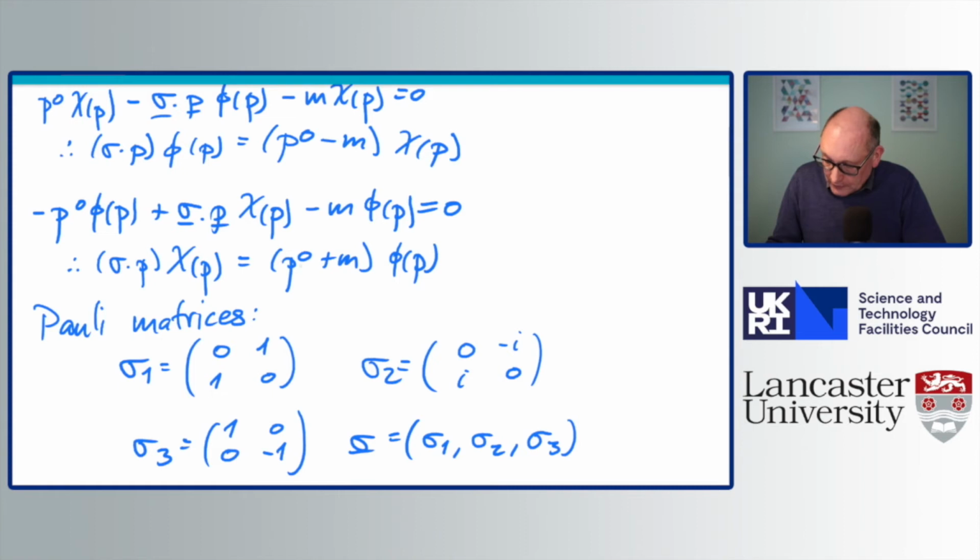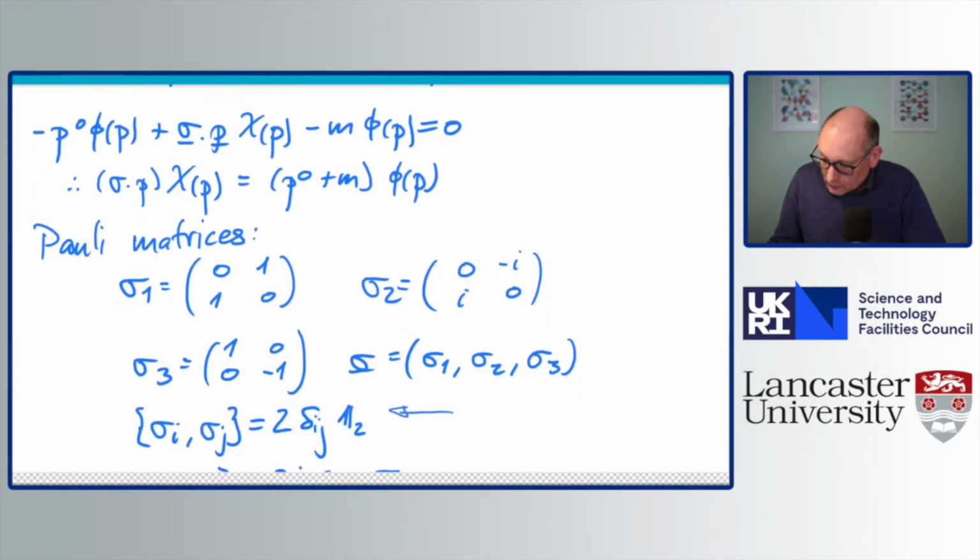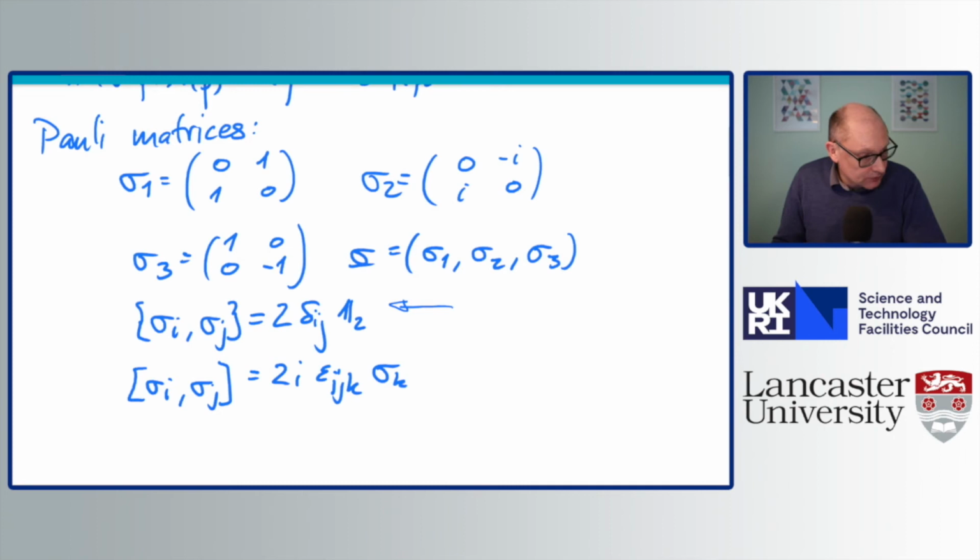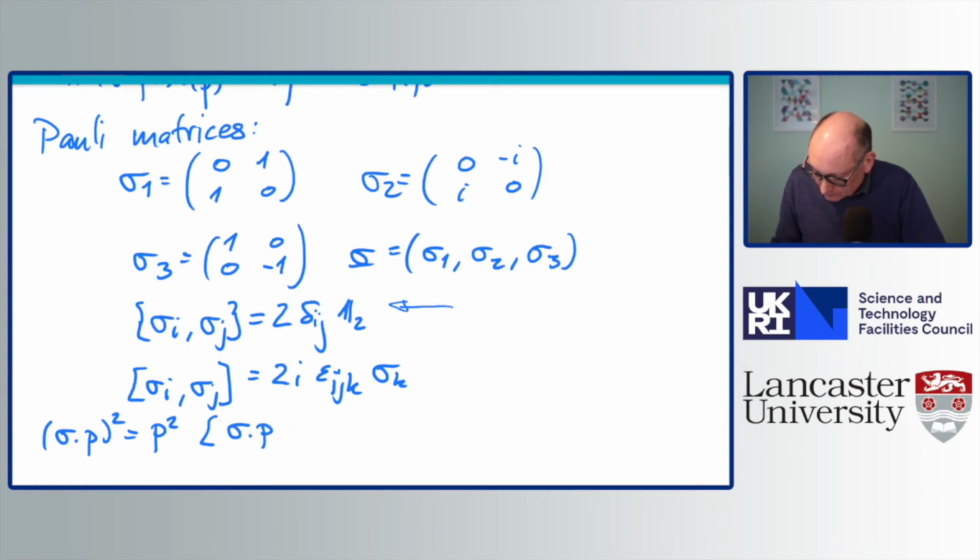So in order to find out what p naught is, we use the result that sigma dot p squared is equal to p squared. That's very easy to see because sigma dot p is sigma i pi, so sigma dot p squared is sigma i pi sigma j pj.